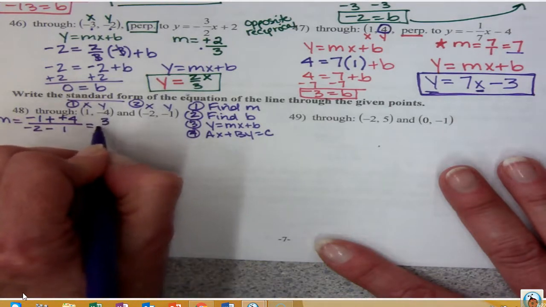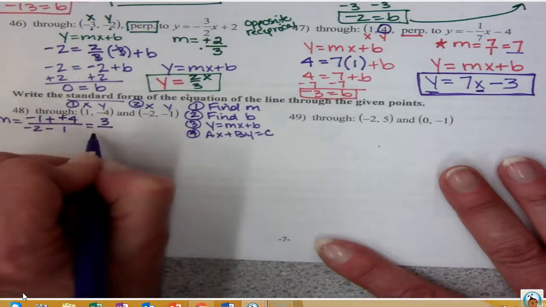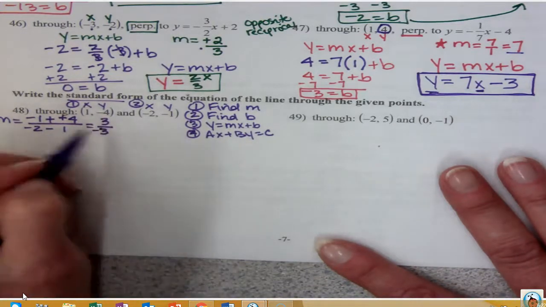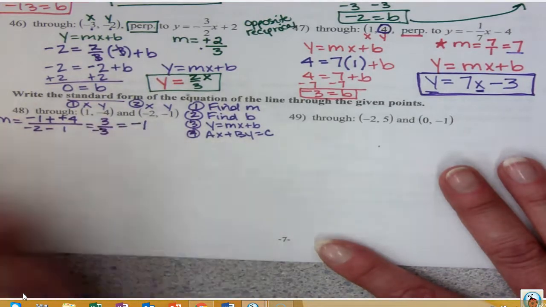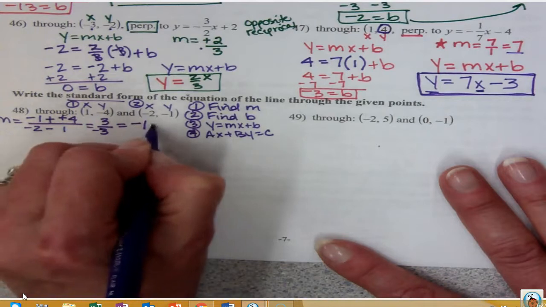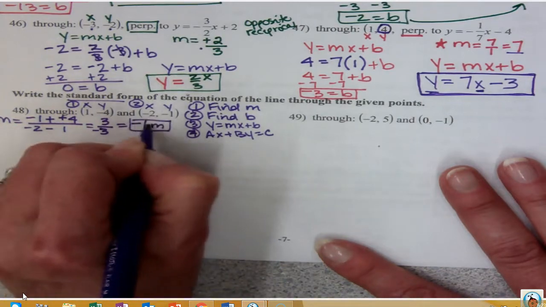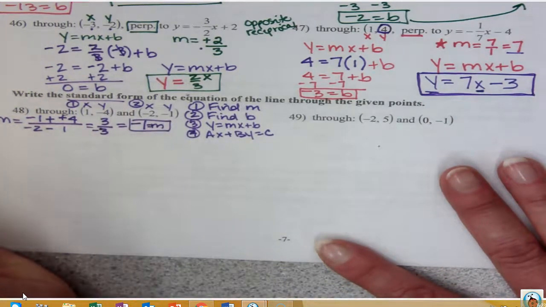So I get 3 over negative 2 minus 1 is negative 3. 3 over negative 3 is going to be negative 1. So this is my slope. So find m, check.